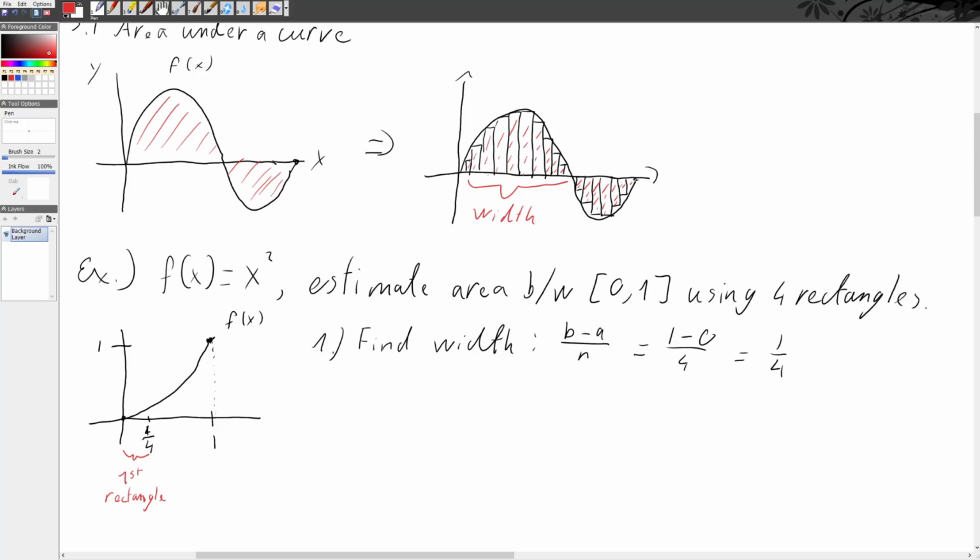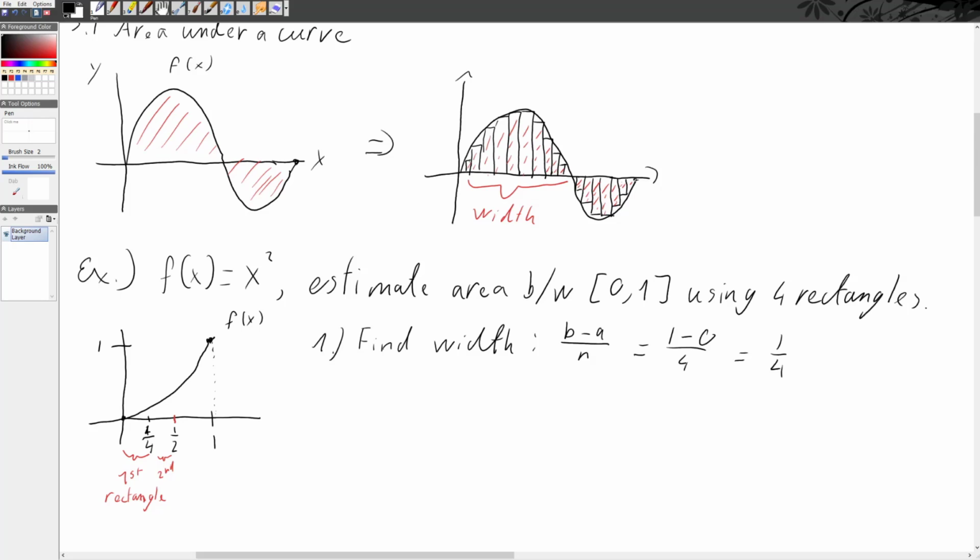Well, if the first one has a width of 1/4, the next one should have a width of 1/4. On the x-axis, where would that be? So you take 1/4 and then you add another 1/4 and you get 1/2. This right here, that's my second rectangle.